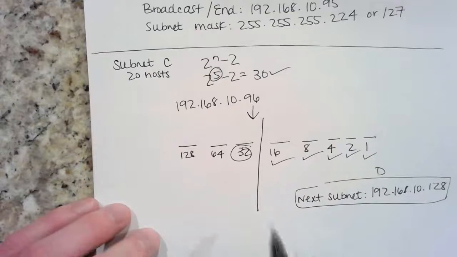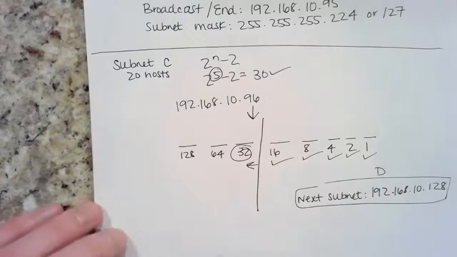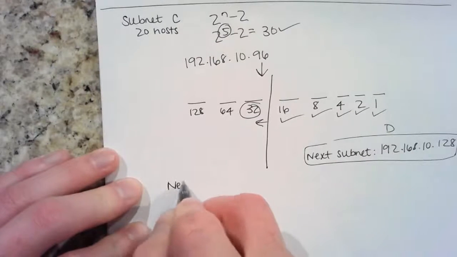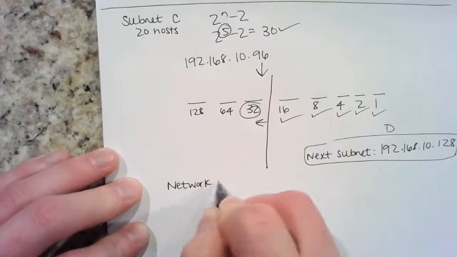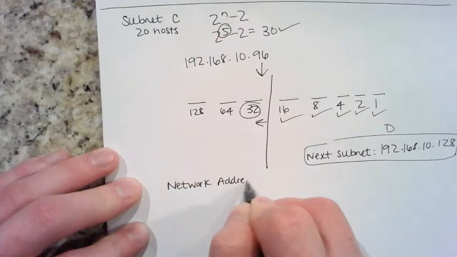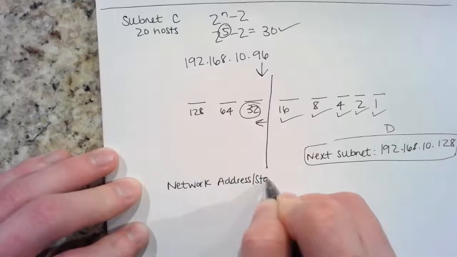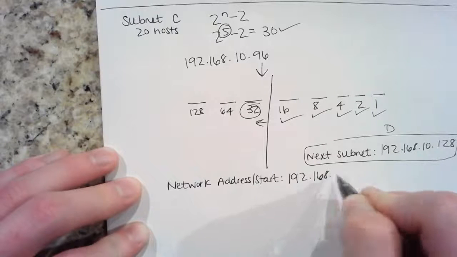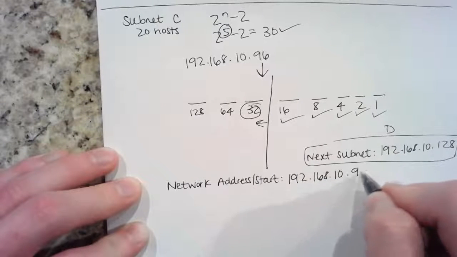All right, so that was looking at that number. So our network address or our start is going to be 192.168.10.96.